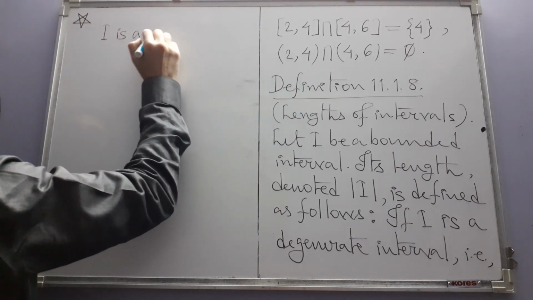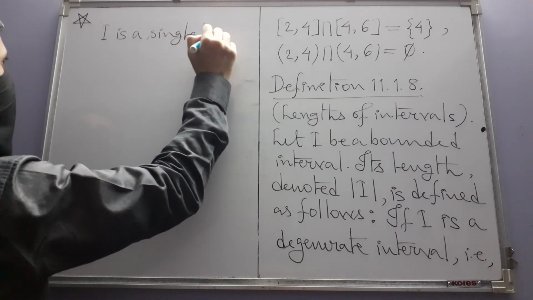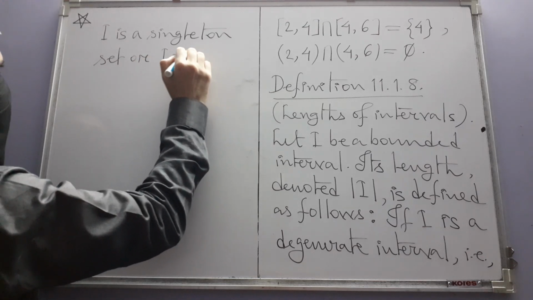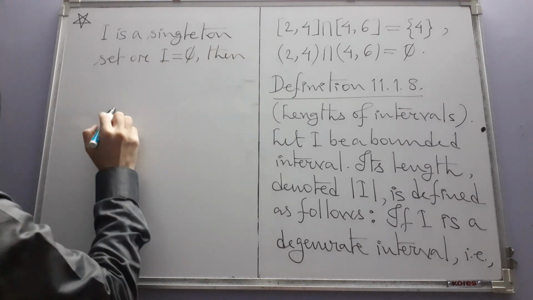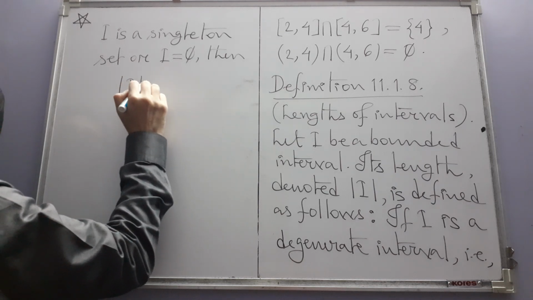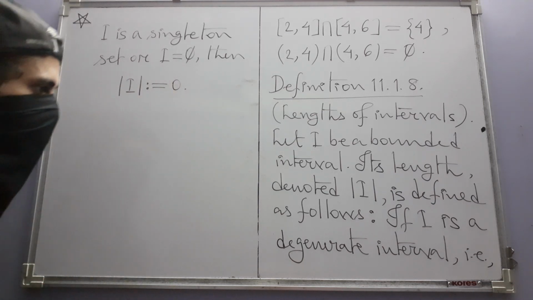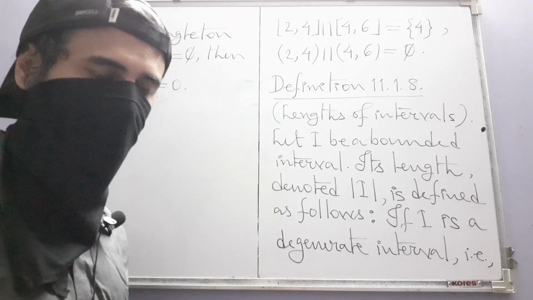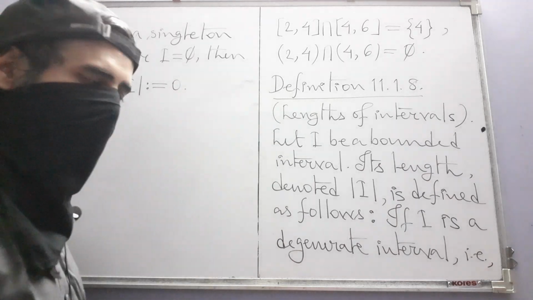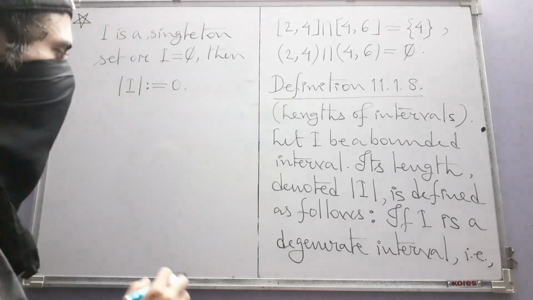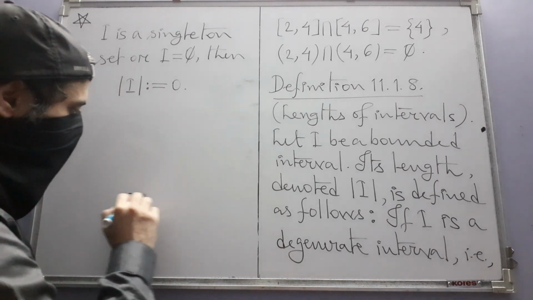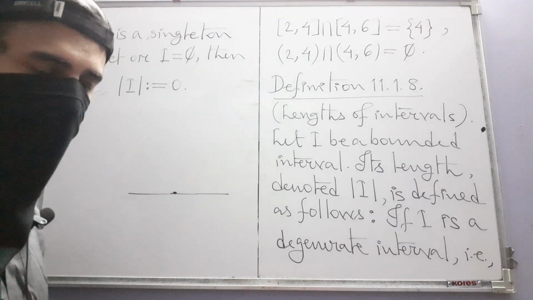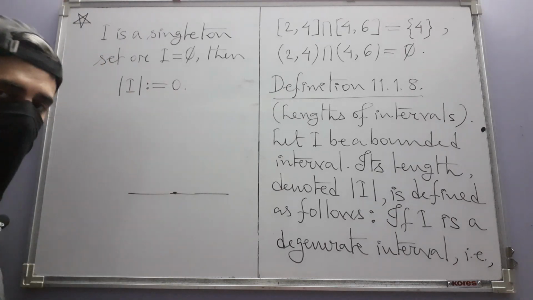Thinking of it geometrically also it makes sense, because if I is empty, well then it should have 0 length. But if I is a singleton, then on the real line I is just a single point, and a single point has no length, and that's how we have defined it also.